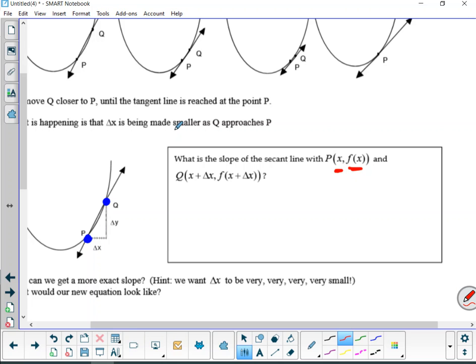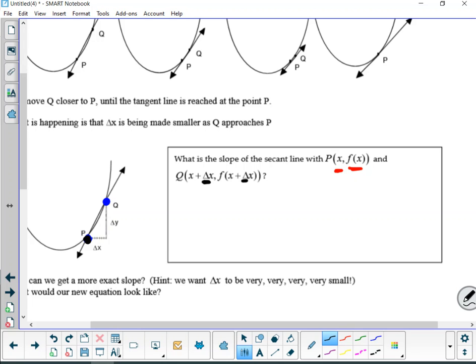And how I'm going to talk about point Q, instead of giving point Q its own coordinates, I'm going to measure point Q in relation to point P. I'm going to take the coordinates of point P and add a little bit onto it.